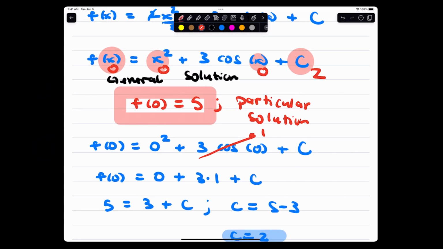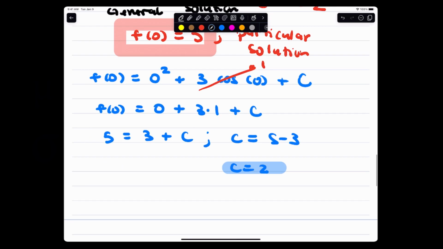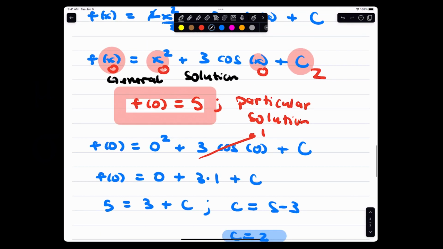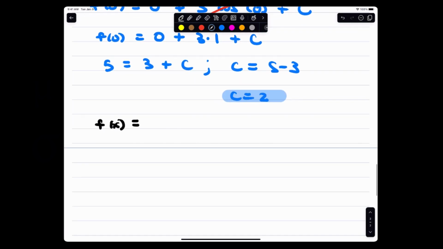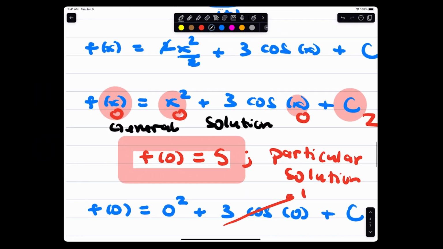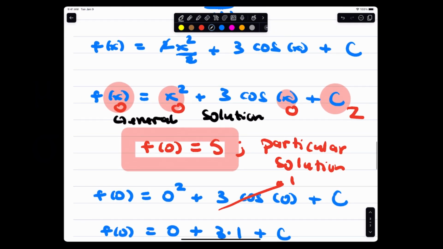Now you might say, what does that even mean? Well, this is what it means. This is your real conclusion. That the function now, since you have the constant, is going to be x squared plus 3 cosine x plus that constant, which is 2. So you solve for the constant by using the condition.